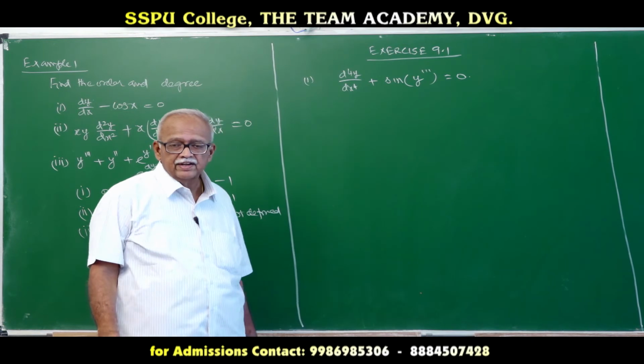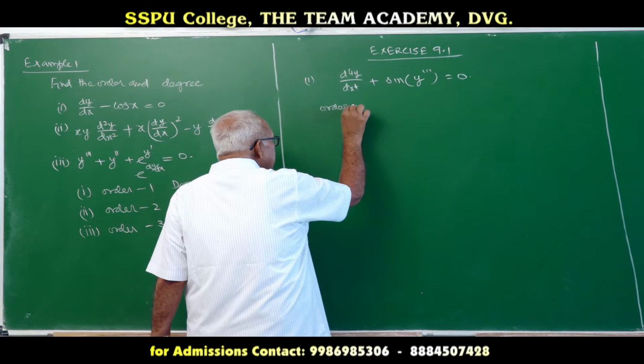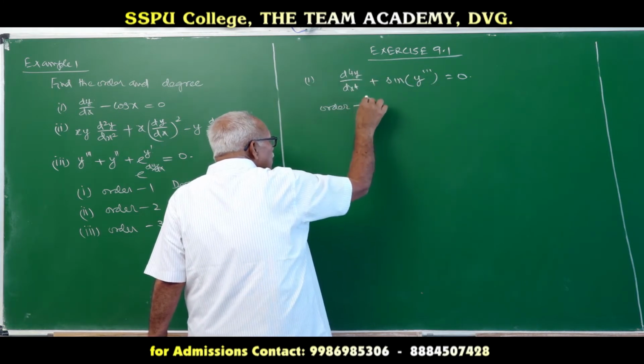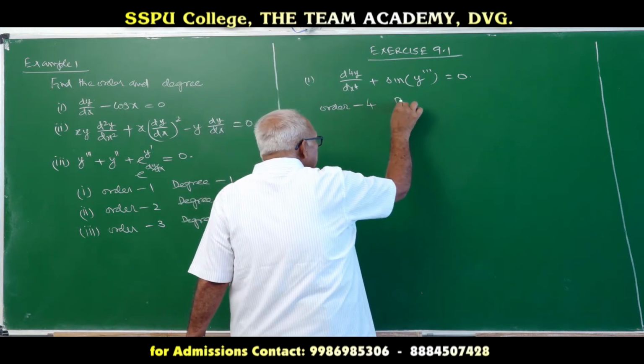You can easily find the order. What is the order of this differential equation? Here the third order is there, and the fourth order. So the order is 4. But the degree is not defined.